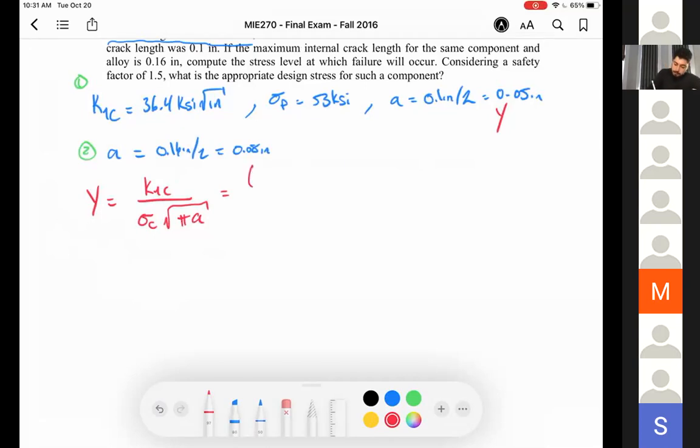So let's plug in our values. 36.4 KSI per root inch divided by our critical stress, which is 53 KSI times the root of pi. And we said our crack length is 0.05. So what are we going to get?